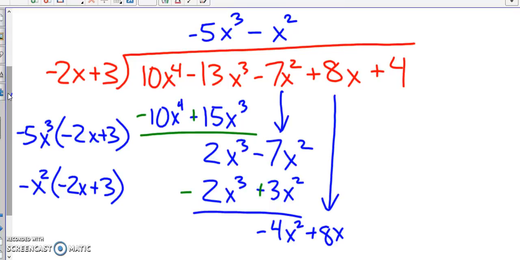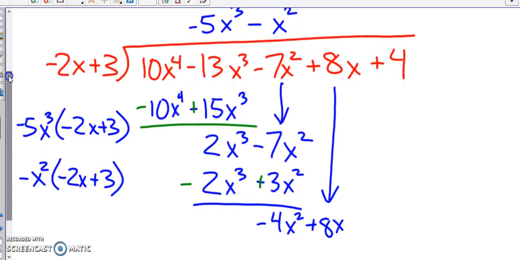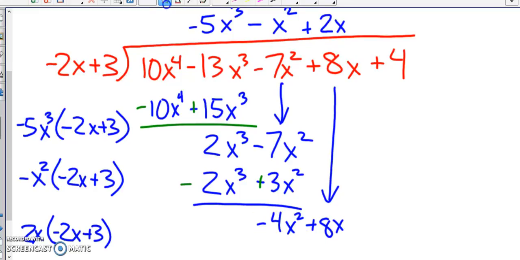Again, I look at this and I say, okay, what do I have to multiply negative 2x by to get negative 4x squared? And that would be 2x. This would be plus 2x. 2x times negative 2x plus 3 would give me negative 4x squared plus 6x.